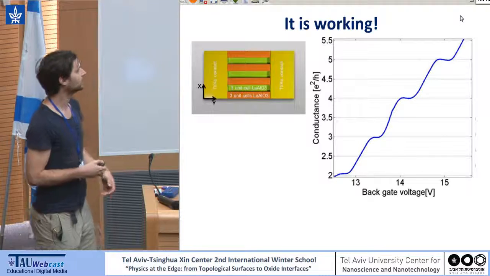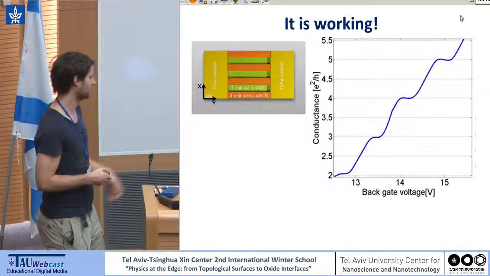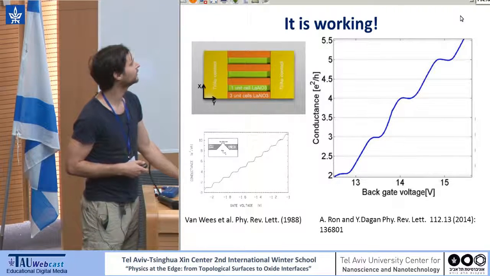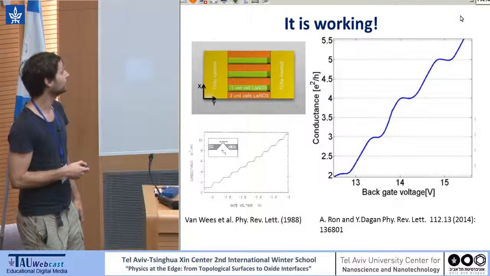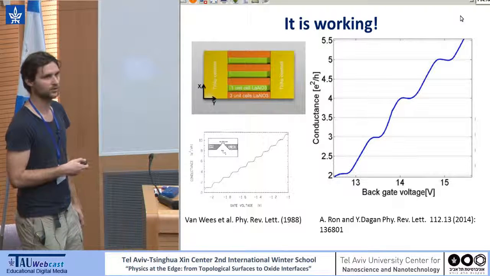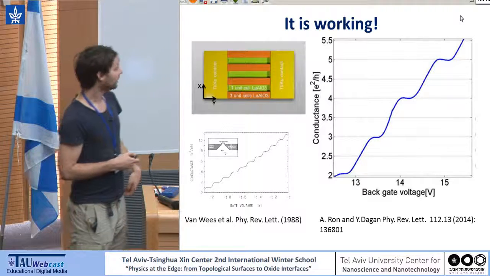So to do that, I started scanning the gate, and I saw this very nice trace of steps as a function of gate voltage. This is something we're all familiar with from quantum point contacts, for example, in the semiconductors from the 80s already.